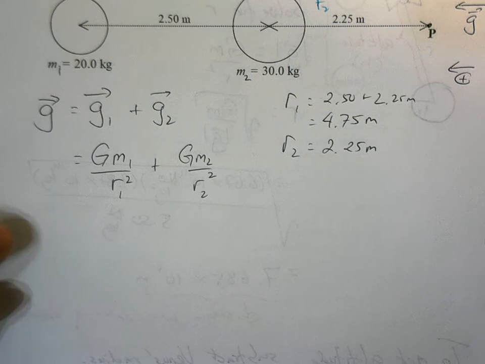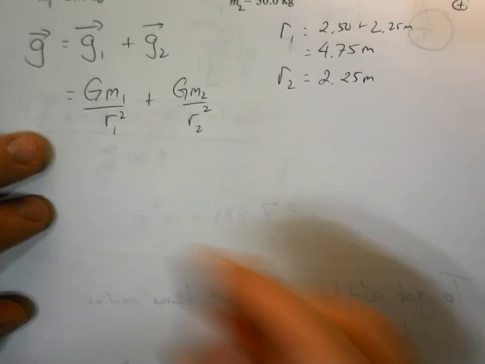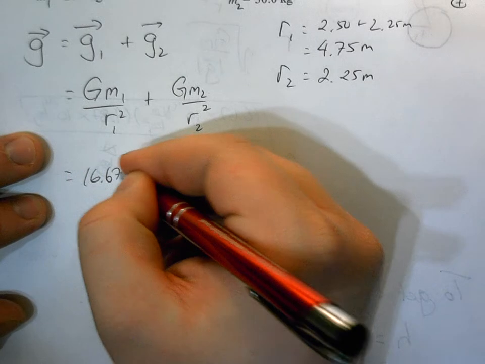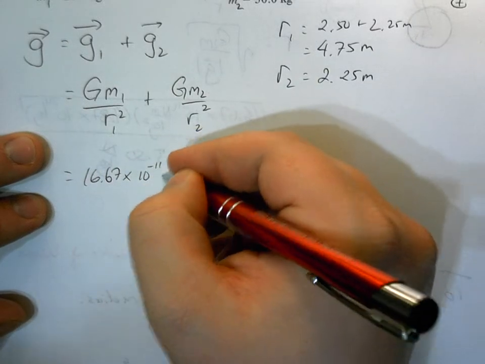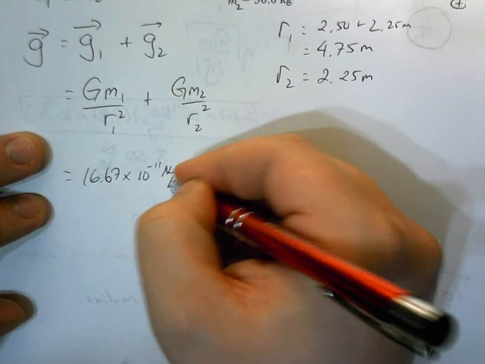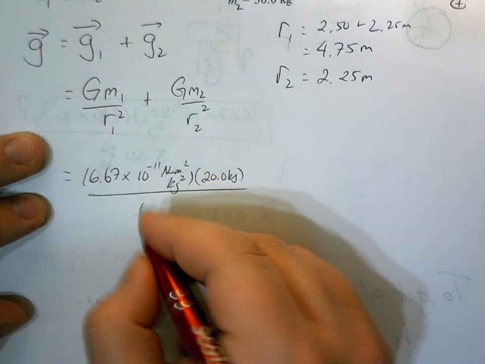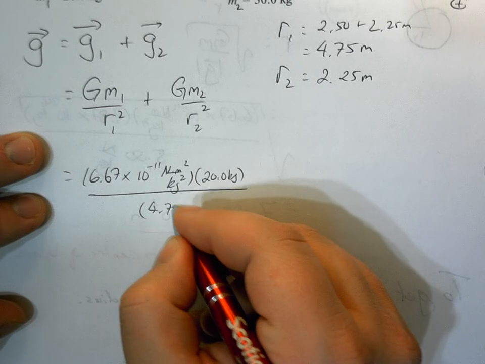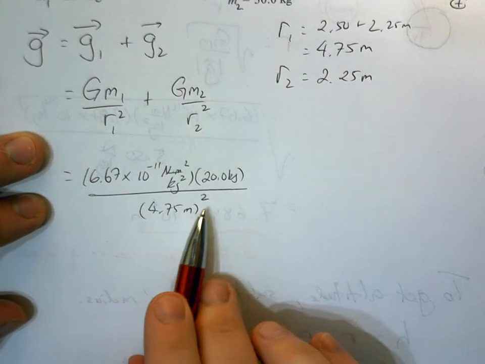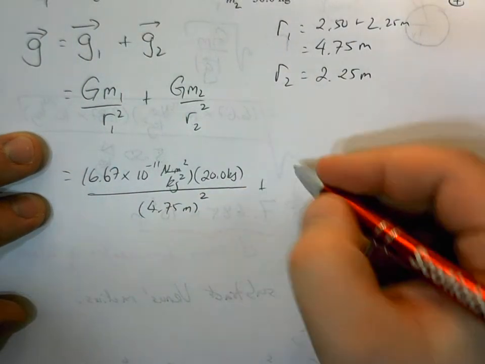At this point, we pretty much have everything ready to go, so we can start to calculate the total gravitational field strength. We're going to put in our contribution from the first mass here, and we're just going to put this 4.75 meters. Again, don't forget the square here, always a common mistake.